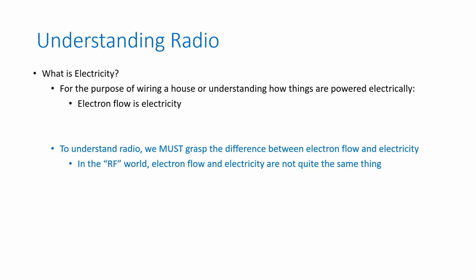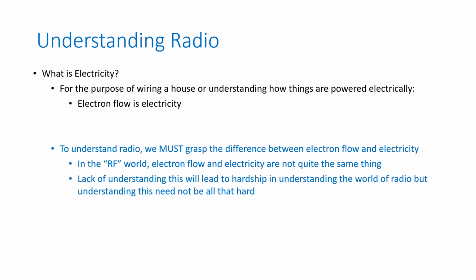See, in the RF world, that is radio frequency world, electron flow and electricity are not quite the same thing, in that electron flow isn't quite the same thing as radio wave propagation. Even the radio wave going down a coaxial cable, which is actually electric in nature, it's not the flow of the electrons that we're paying attention to. I'll explain what I mean in a moment.